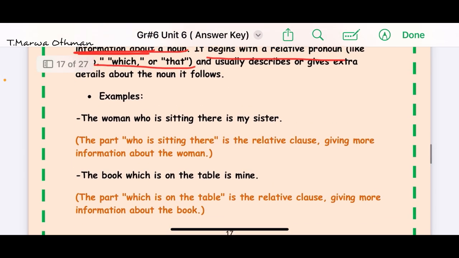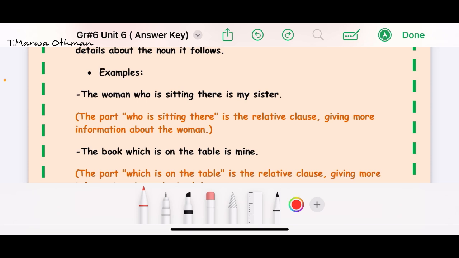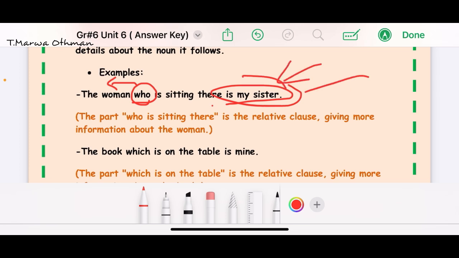The woman who is sitting there is my sister. So look at the sentence here. The woman who, I used who because the woman is a person. So the woman who is sitting there, I give you extra information about it. It's my sister.